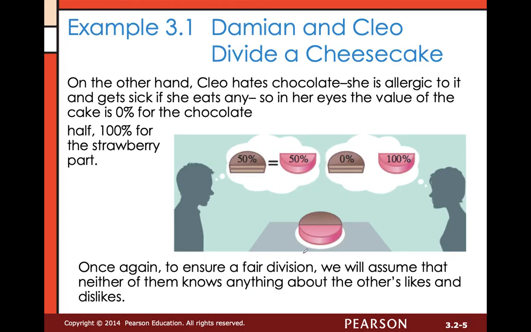On the other hand, Cleo hates chocolate. She's allergic to it and she gets sick if she eats any. So in her eyes, the value of the cake is 0% for the chocolate half and 100% for the strawberry part. Once again, to ensure a fair division, we'll assume that neither of them knows anything about the other's likes and dislikes. So we're going to assume that Damien doesn't know that Cleo's allergic and vice versa.